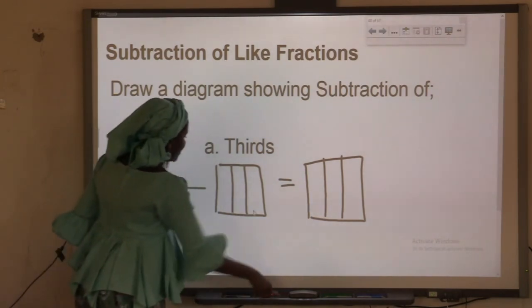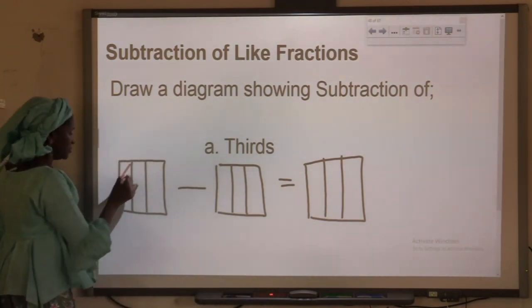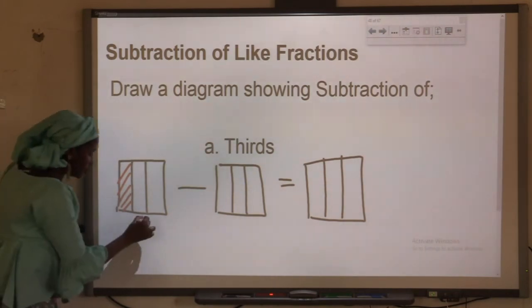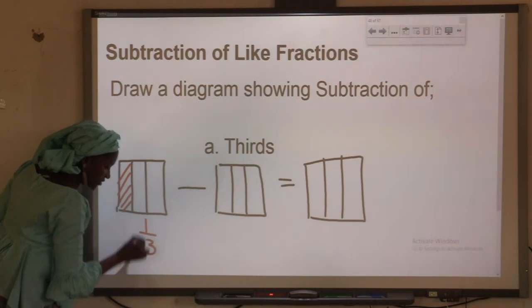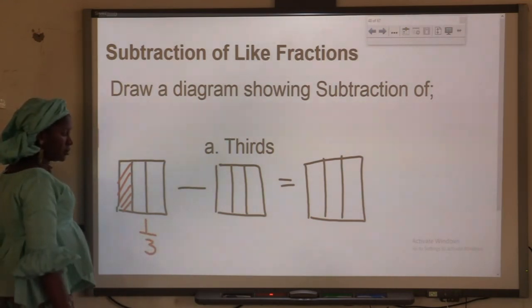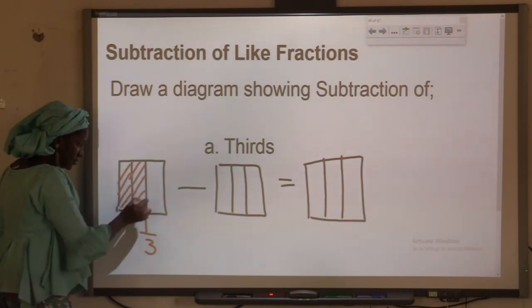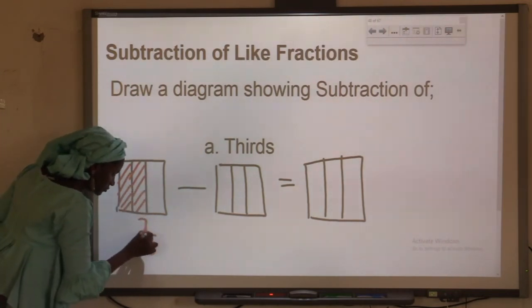Now this is a diagram. If we say 1/3, we said one part of it, which is represented as 1/3, minus 2 parts, because we are doing subtraction.